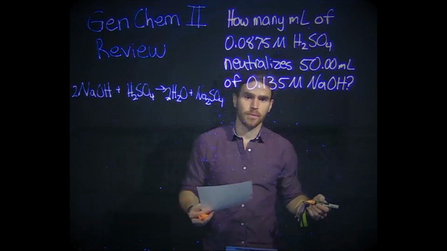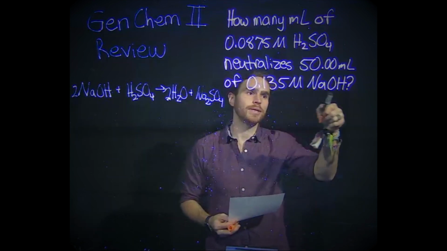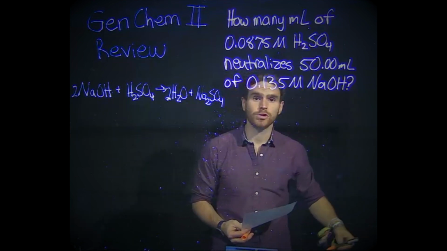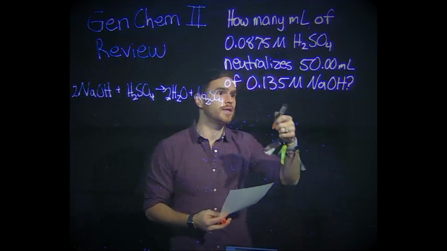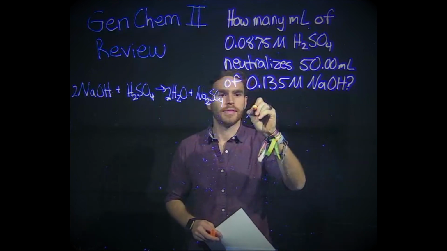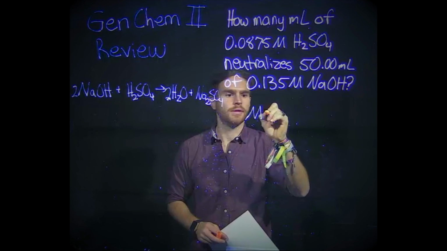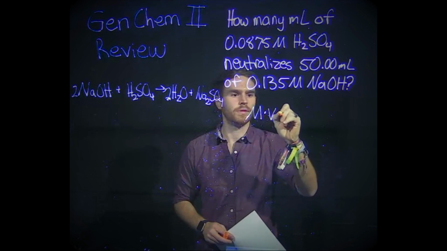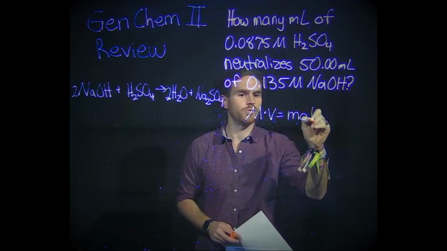Now, the next step is to determine exactly how many moles of sodium hydroxide we're trying to neutralize. We can do that using the relationship that molarity times volume gives us the number of moles.